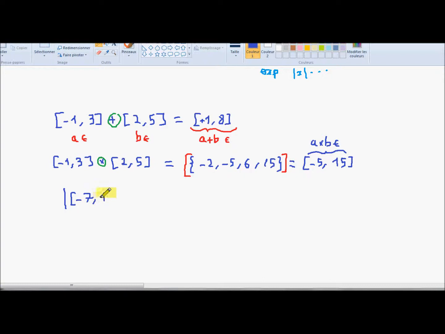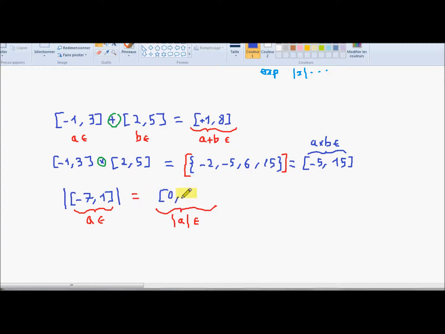It means that if A belongs to this, to which interval does the absolute value of A belong? Of course, if A equals -7, I will obtain 7. If A equals 1, I will obtain 1. But A can also be equal to 0, so of course I will obtain [0, 7].